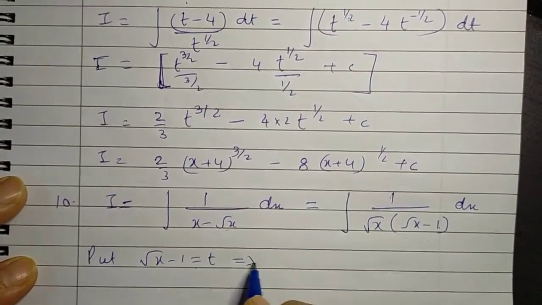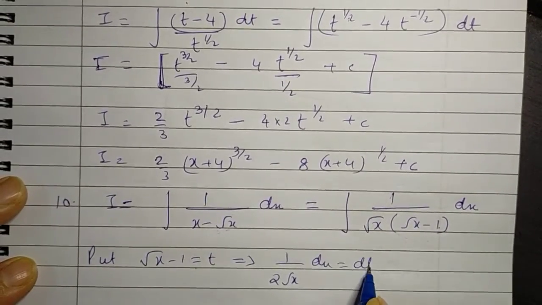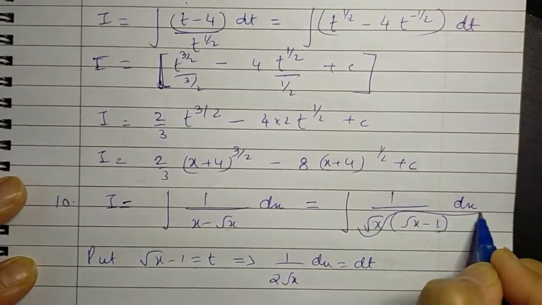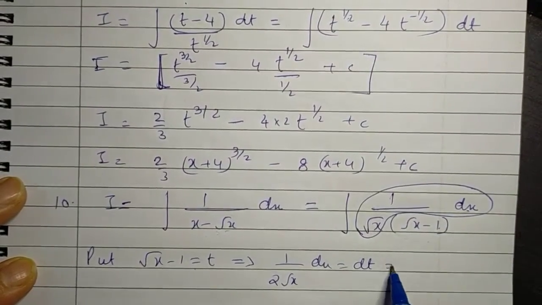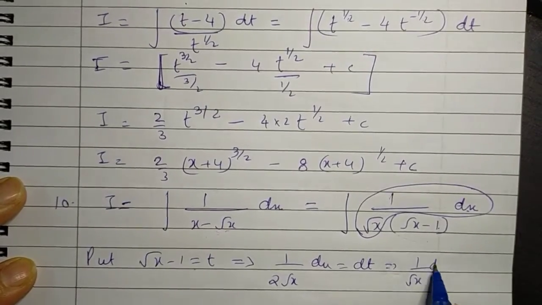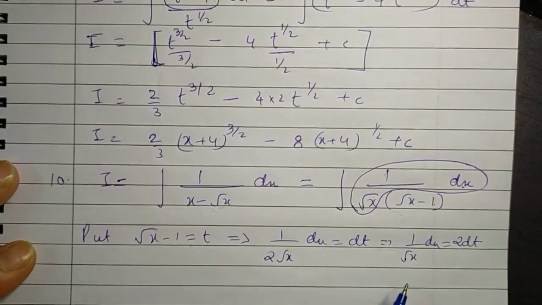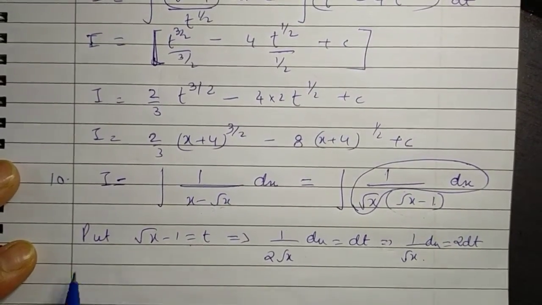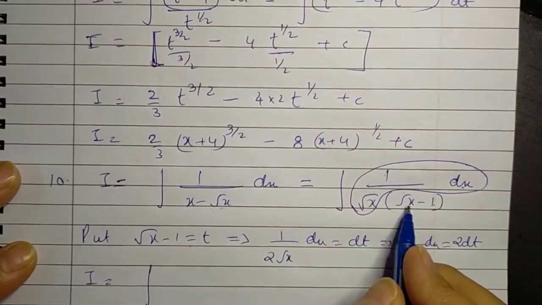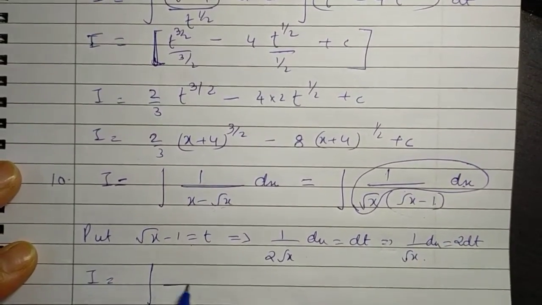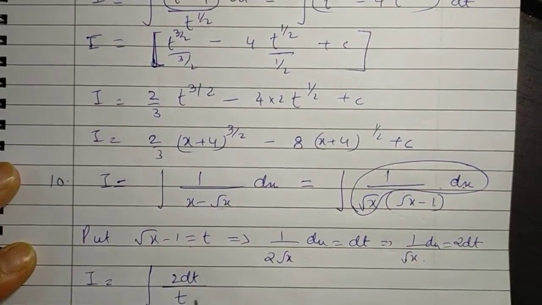This gives us 1 upon 2 root x dx is dt, and so we clearly see that this gets absorbed in dt, that is 1 upon root x dx is 2 times dt. So what do we get? I becomes equal to, in place of root x minus 1 we'll put t in the denominator, and this becomes 2 times dt.